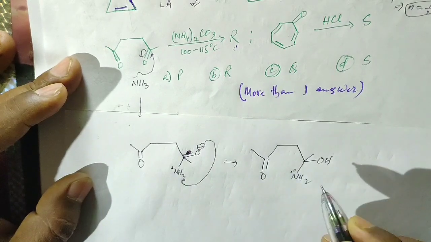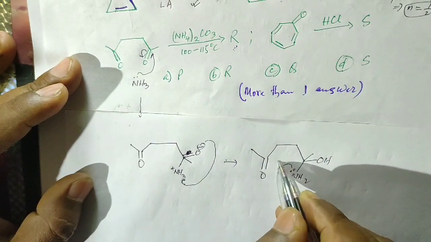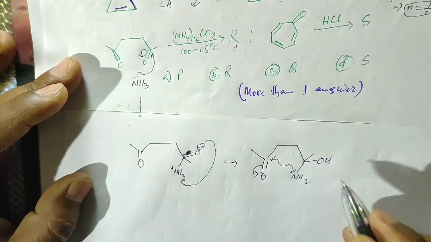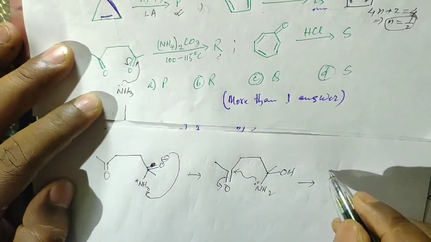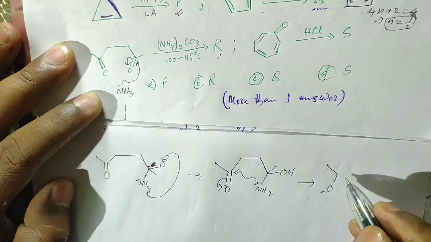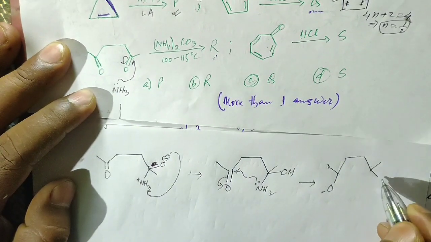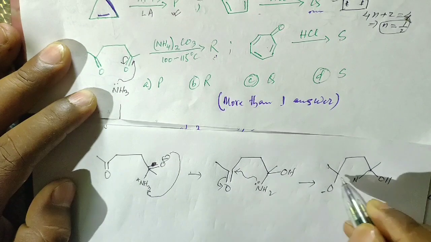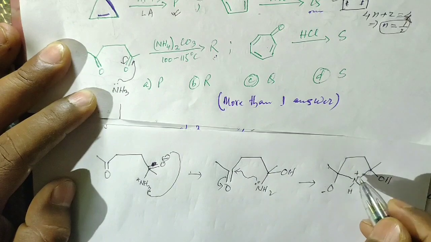This nitrogen has a lone pair of electrons, so this will attack this carbon atom intramolecularly as nucleophile like this, and we will have this, O minus, this methyl group, this is OH, and these two carbon atoms will be now linked by a nitrogen atom, which contains two hydrogen atoms and one positive charge.